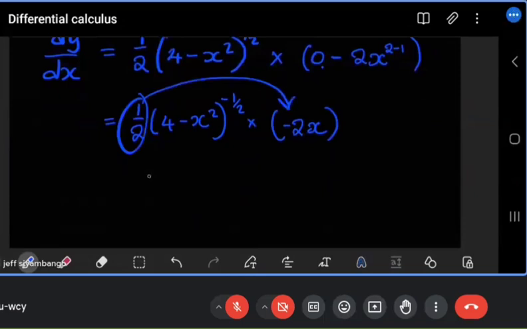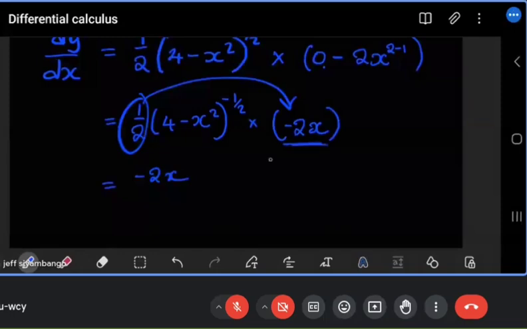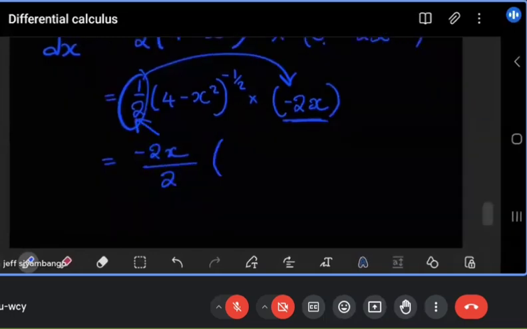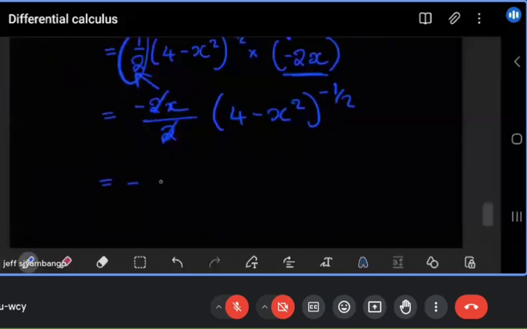So that on top I'll have negative 2x, which is just this, but divided by 2, which is this 2 here. And then I still have the 4 minus x squared to the power minus half. The 2 and the 2 now cancel, leaving me with minus x, and then 4 minus x squared to the power minus half. Are we okay?